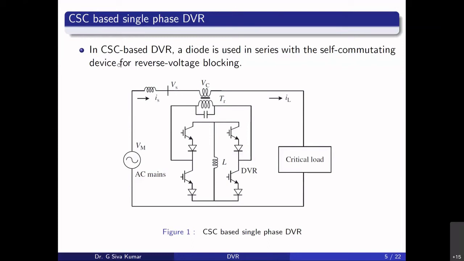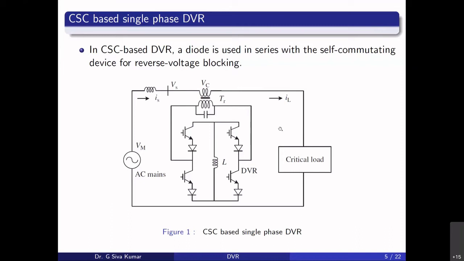This is the current source converter, where instead of the capacitor we are going to use an inductor, and this inductor also needs to be self-sustained. If there is a voltage reduction at this point Vs, then we are going to correct the voltage at the critical load point.